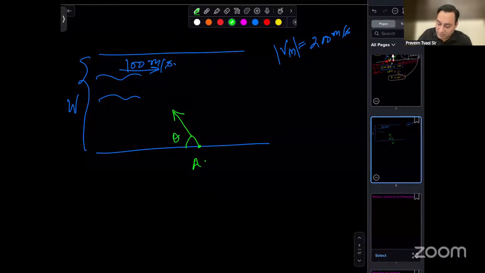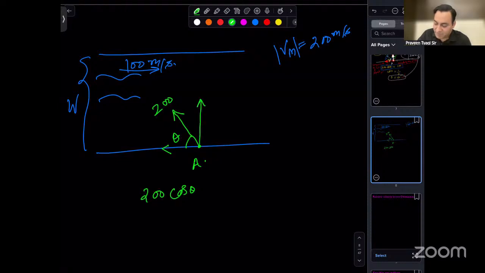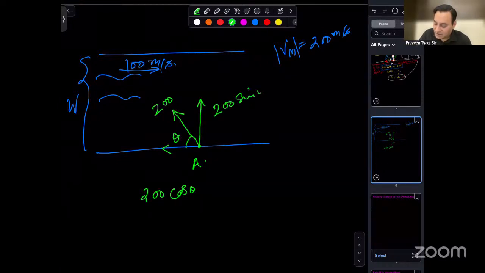his speed will be, this is 200 in still water. His component will be here 200 cos theta, and his component in this direction perpendicular to the river will be 200 sine theta.